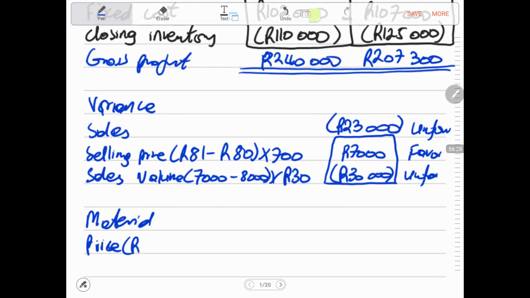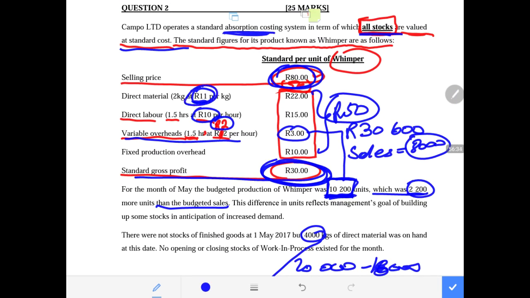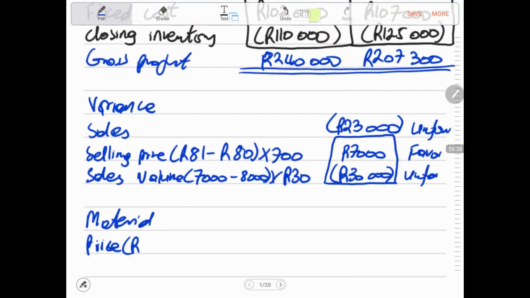As I explained before, the price of material is valued at the same amount of 11 Rand. So there will be no calculation for the price of the material variance. We only do the usage, because our material was valued at the same price.